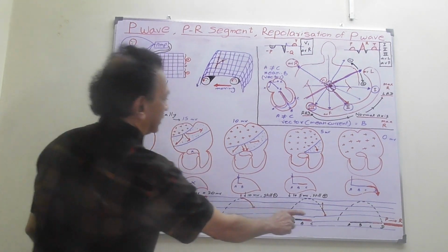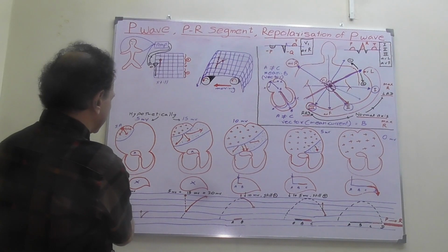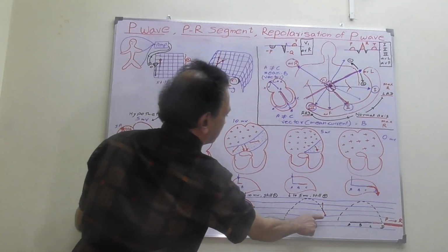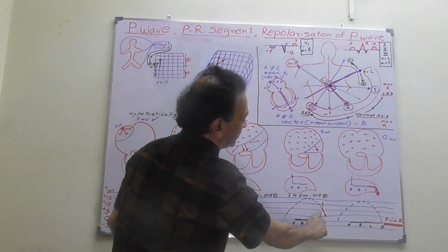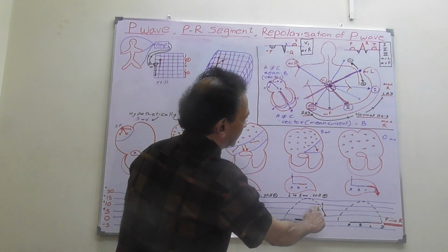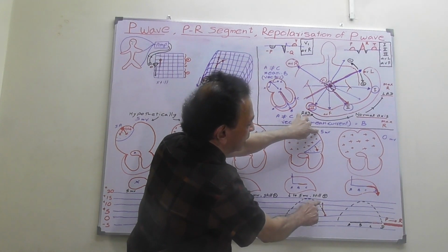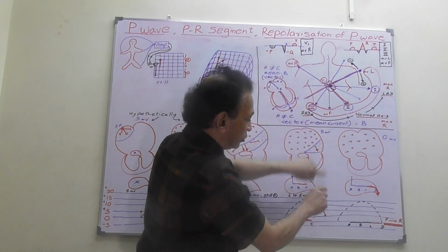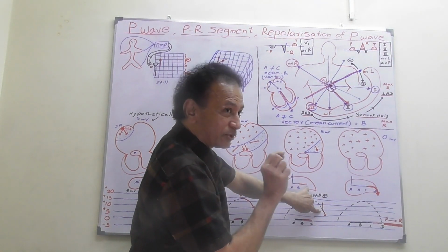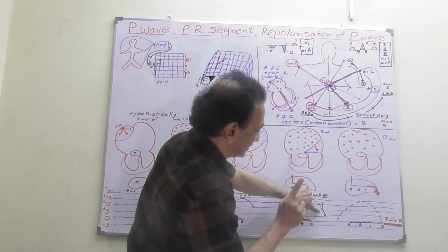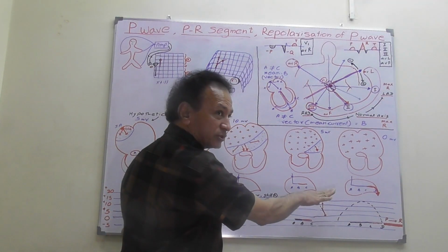So earlier it was the 10th level, now it is 5. So it has to go up, but if it goes up, then from 10 it will go up to 15. So the total current should be 5, then actually it should not go up, it should go down. Though it is going down, it is not a negative wave, it is still positive, because this is the horizontal line, above anything is positive.